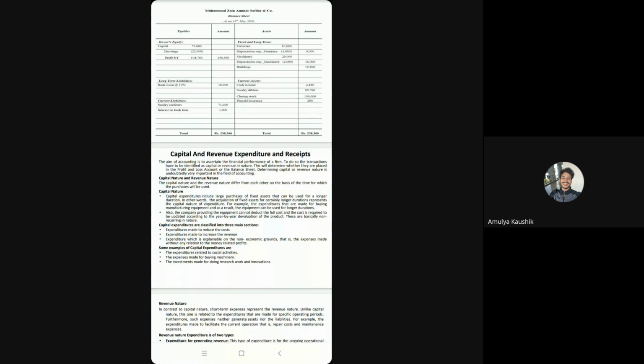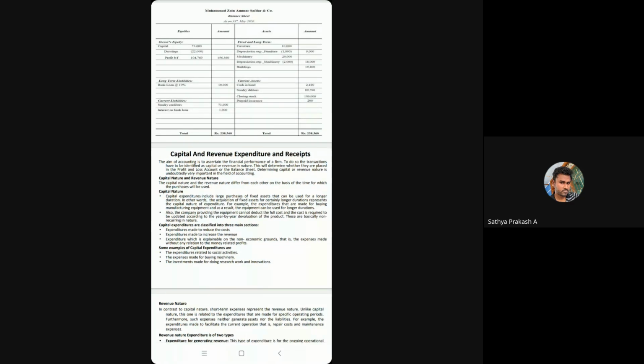Then that is capital expenditure and revenue expenditure. And then receipts. When you are receiving sale of goods, is it a revenue receipt or capital receipt? Sale of goods is a revenue receipt, revenue in nature.